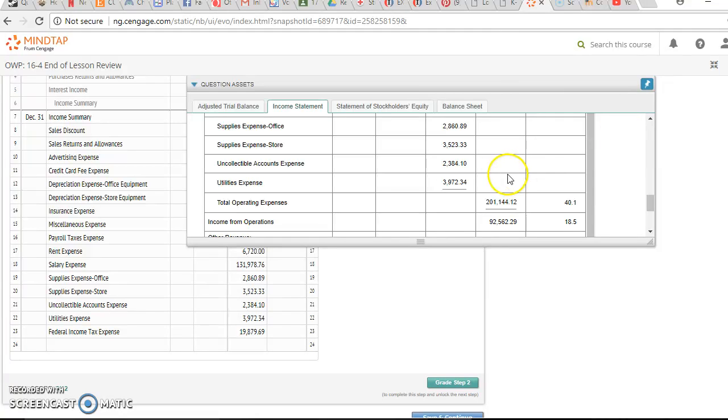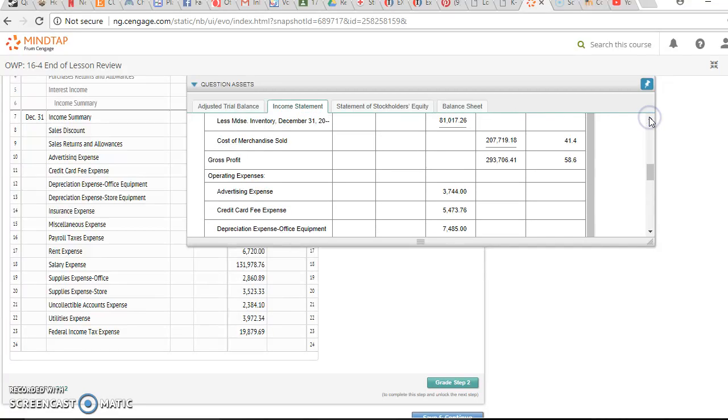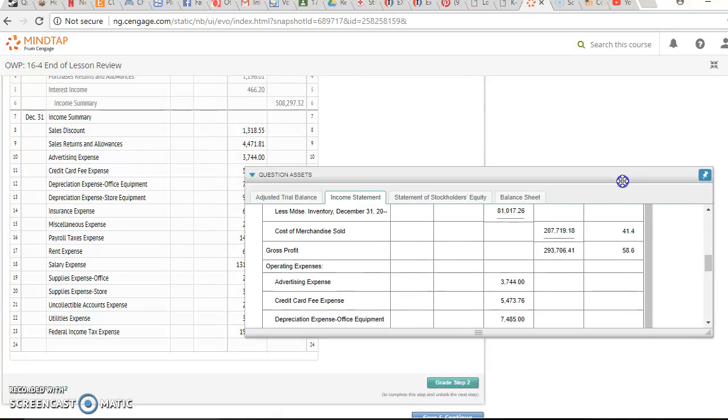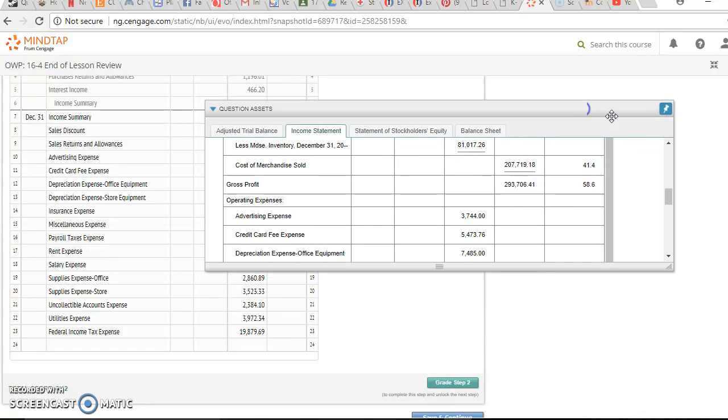So, we know that this is the total operating expenses that included all of the operating expenses. What I'm going to do is take that total and add in the other two accounts, sales discount, sales returns, and the federal income tax expense, to get a total here. So I'm going to do that, come back.